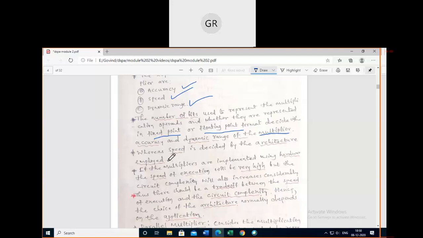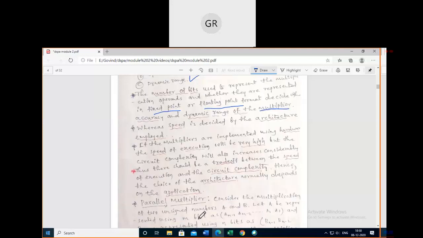Okay, if the multipliers are implemented using hardware, the speed of execution will be very high, but the circuit complexity will also increase considerably.